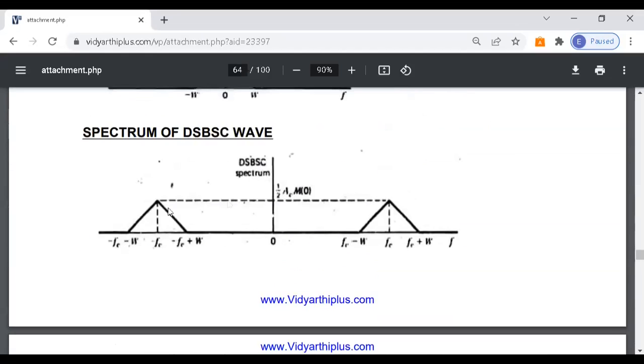In other words, you could use either this or this band to transmit the signal in the double sideband configuration, because they both carry the same information. But you don't want to kill this one and you don't want to kill this one. So you just take off this and take off this. So you only have half this side to transmit over here and this side to transmit over here.